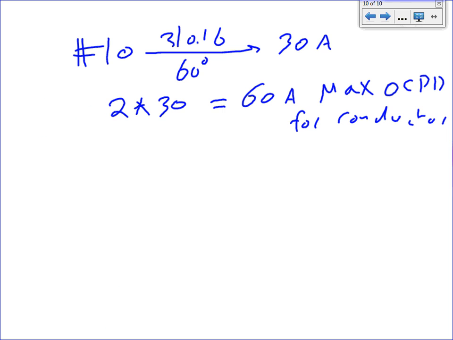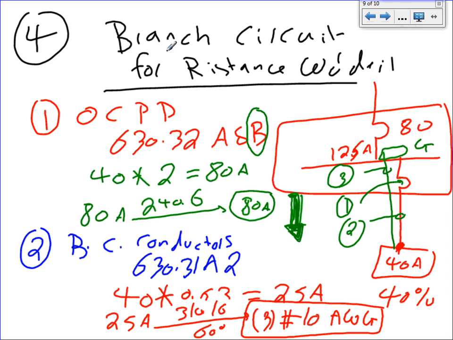One more time. We size it based on this. Number 10, right? Well, we have to go bigger than 10, but based on the table it would be 12 for 25, under the 60-degree column. Does the small conductor rule apply for this one?